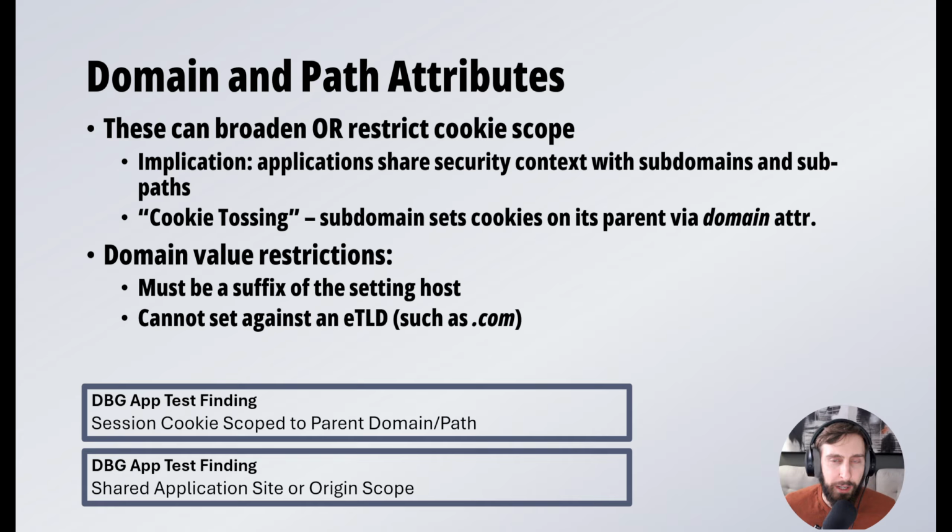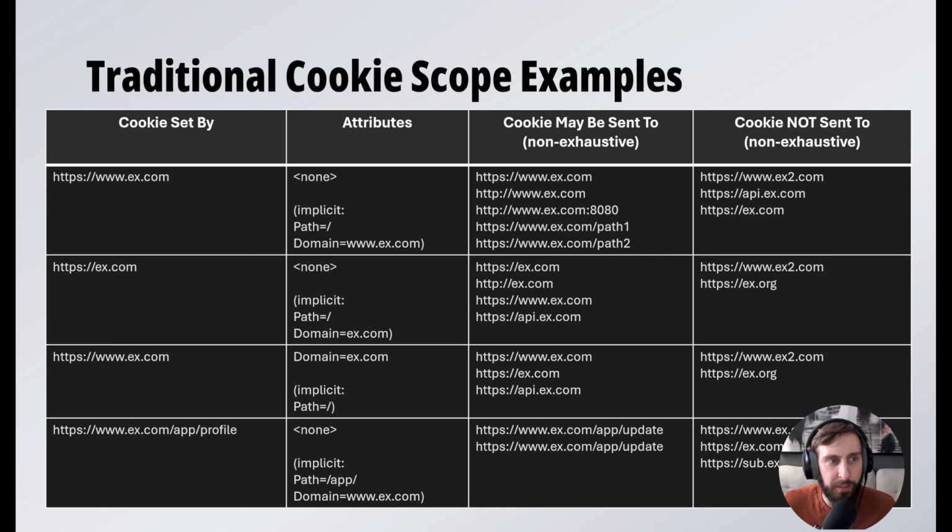Even if they're owned by the same organization, it really is best to isolate the sharing of cookies across applications because the security posture varies. And when you have those interconnections, those relationships between applications, it just increases the potential impact when a vulnerability is identified on one of those related applications.